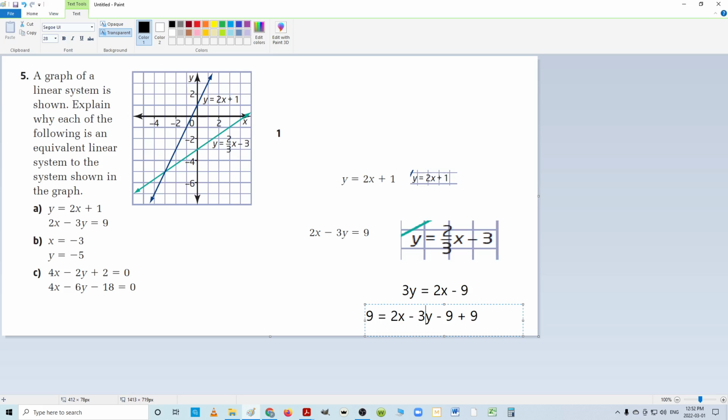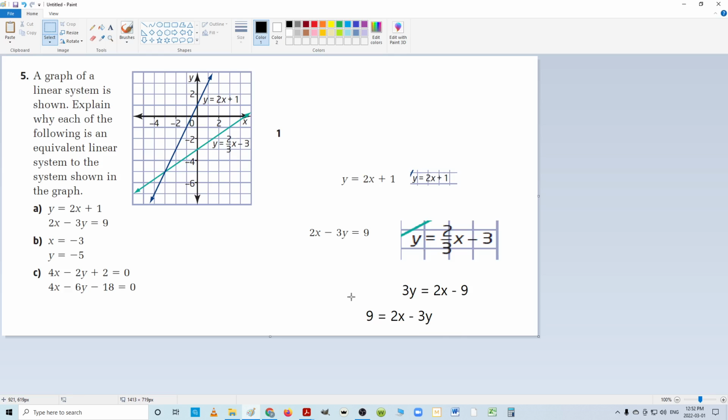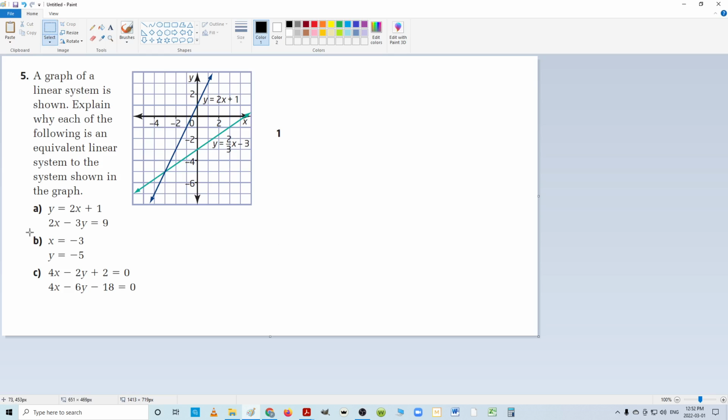And I get this. And suddenly, even though they're on the opposite side of the equal sign, it doesn't matter. You can flip-flop equal signs. Two people can switch sides on this teeter-totter and it's still balanced. There. Those are the same. So that's what they want you to do. This one just essentially says, do these lines meet at the same spot that these lines meet? And it's clear that they do.